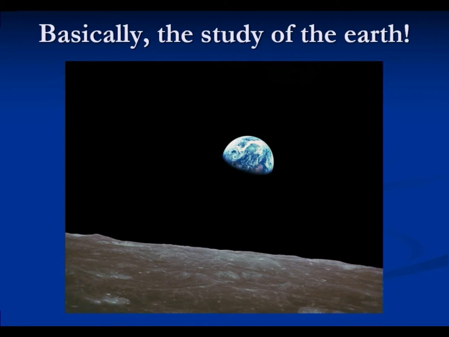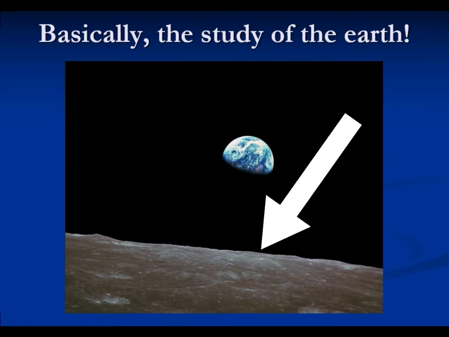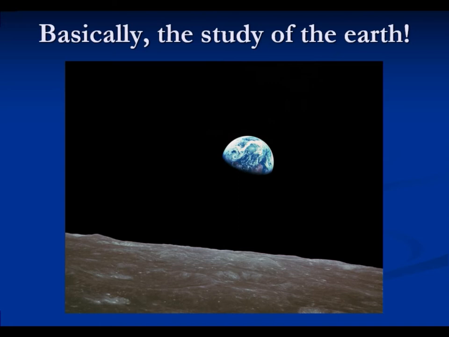This is a very famous photograph. It was taken decades ago by astronauts who landed on the surface of the moon. And you can see here at the bottom, this is actually the lunar surface. This is the ground on the surface of the moon.